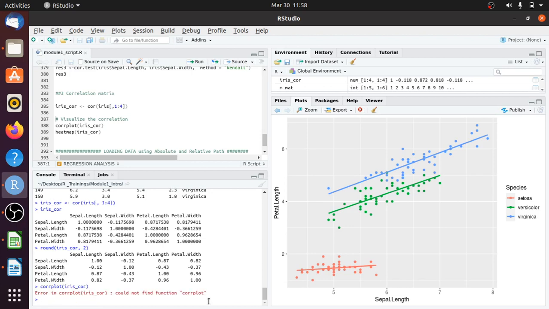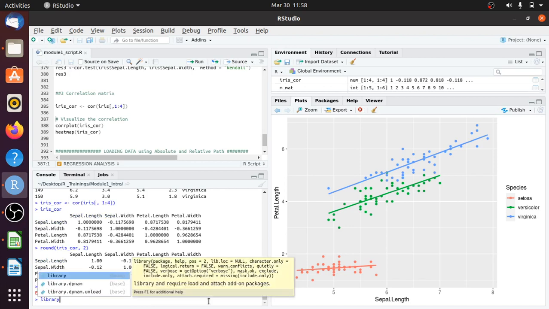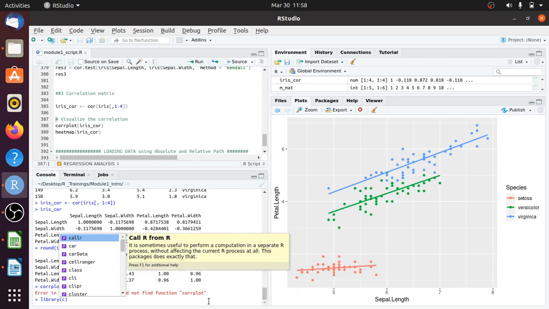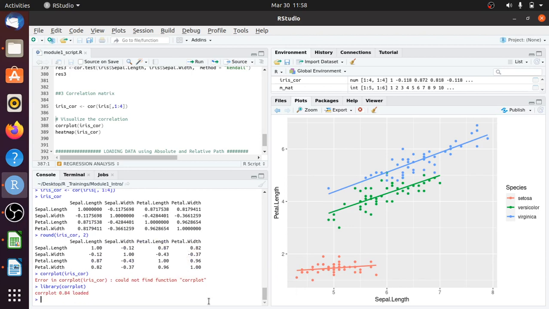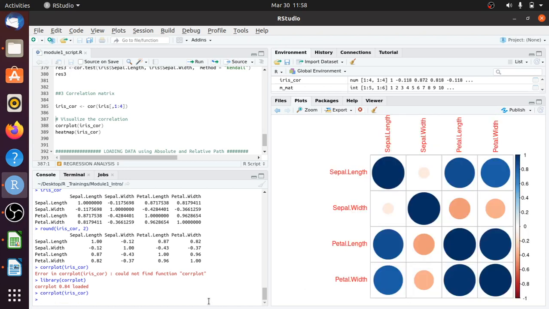Okay, I didn't load my library. Okay, so corrplot iris core, look at it here. You can see it's showing us the relationship between them, and it's giving us the interpretation.